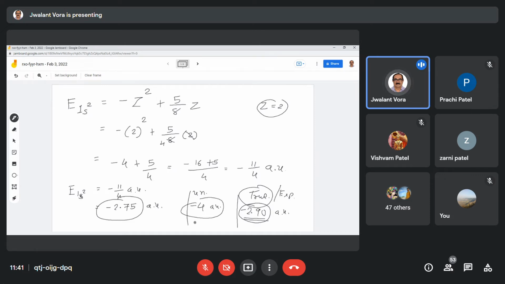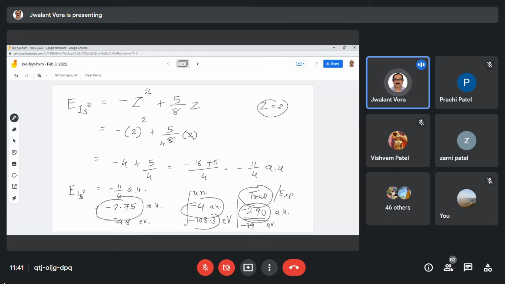If we talk in eV, then the first value was minus 108.3 eV. Experimental was minus 79 eV, and the unperturbed one was minus 74.8 eV with first order correction.